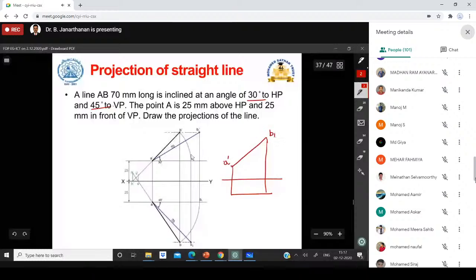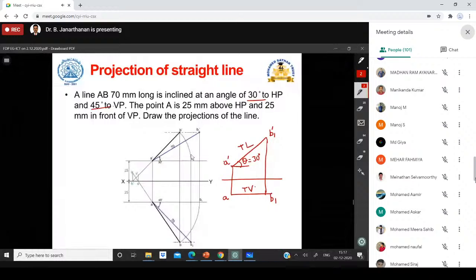So here A and this is B1. This is called the true length and this is called the top view length. And this is the inclination of the line with the HP, which is theta, which is 30 degrees. So this is the line inclined to HP and parallel to VP.